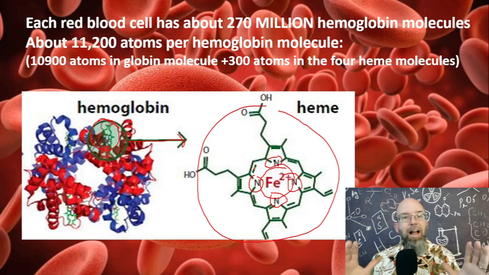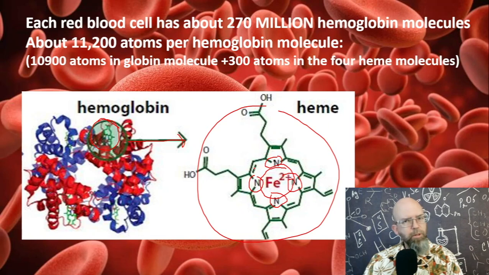That'll give you an idea of how many hemoglobin molecules you have, times 4 to get the number of heme units. That's how much oxygen you can carry in your blood. That's an awful lot, right? That's an enormous number of total atoms dedicated to just this one thing in your body. All right, so that's hemoglobin.